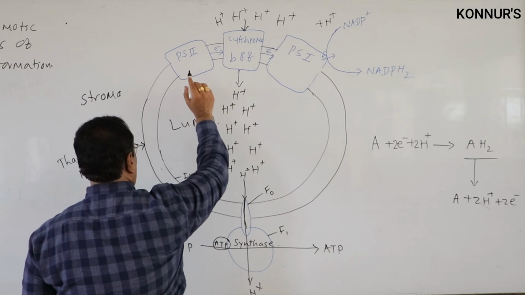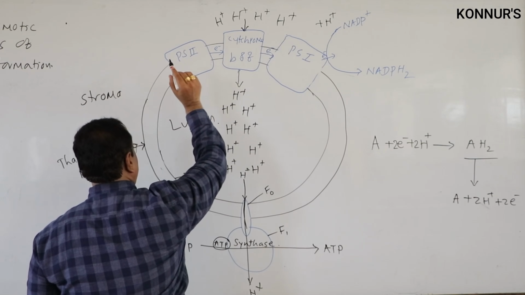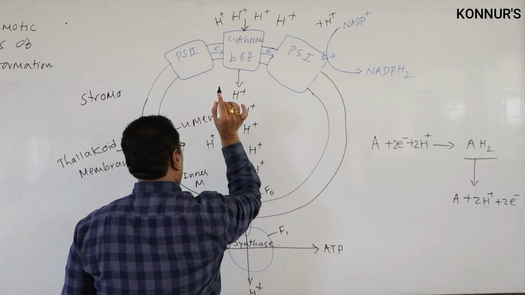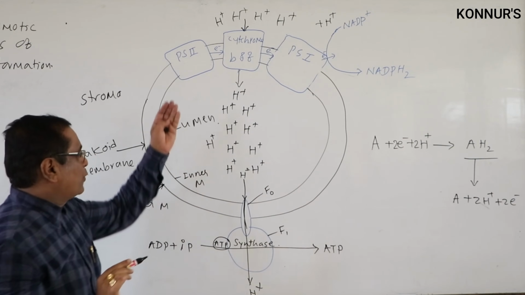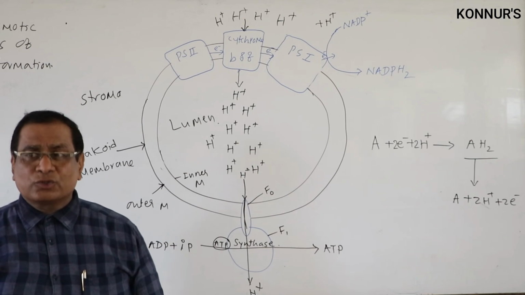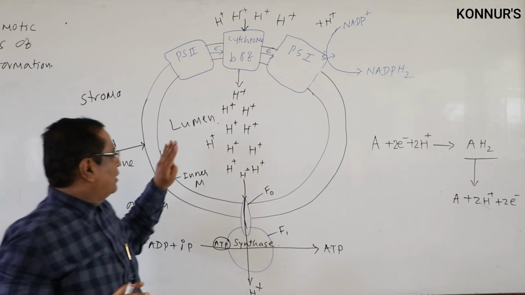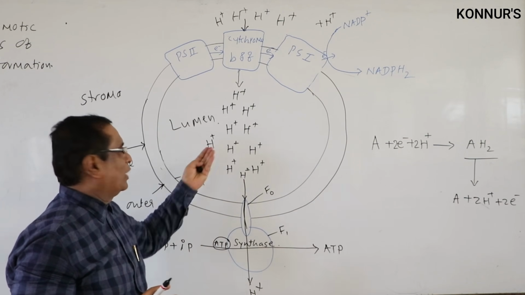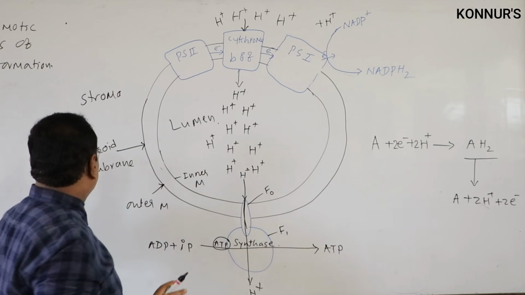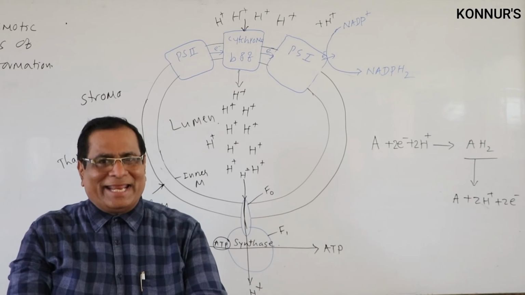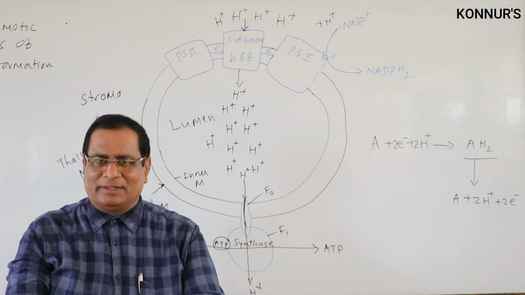While electrons move from photosystem second to photosystem first through cytochrome B and F, protons are pumped into the lumen, so that the concentration of protons becomes more in the lumen than stroma, so that a proton gradient is created.